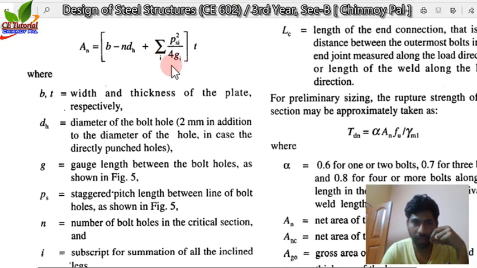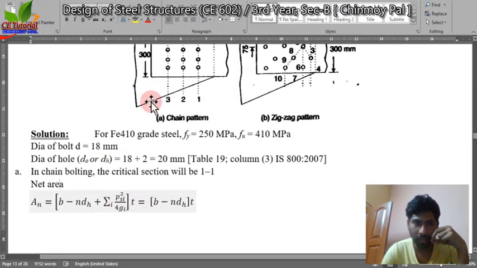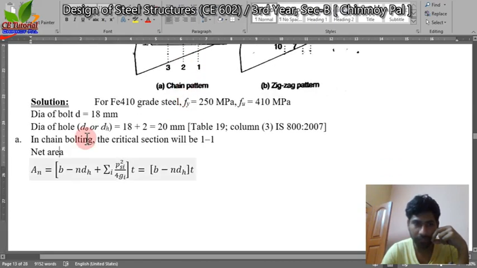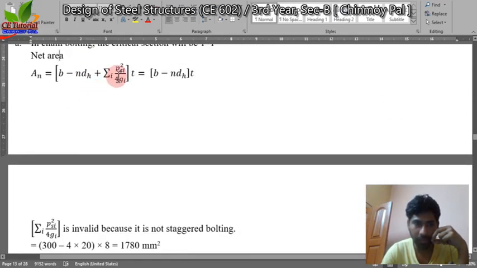So this part is for zigzag or diamond bolting. Right now we don't need this part, because our connection is in chain pattern. So this part is invalid for this case.